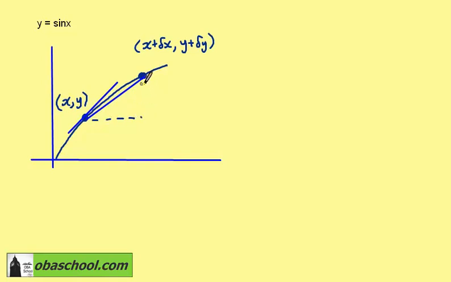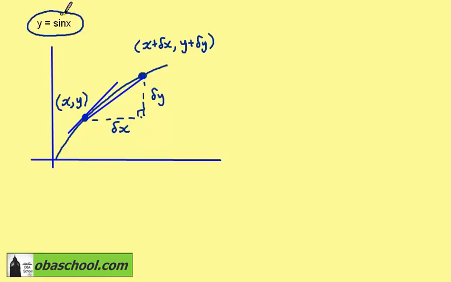So we want the gradient of the chord. The difference in the y-coordinates is delta y, and the difference in the x-coordinates is delta x. The gradient of this chord is delta y divided by delta x.